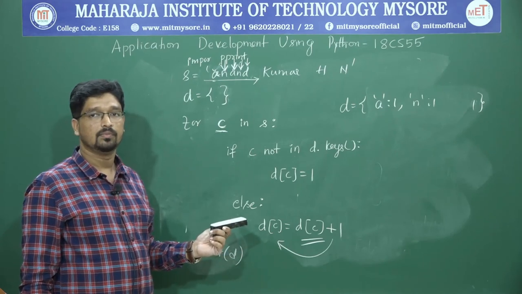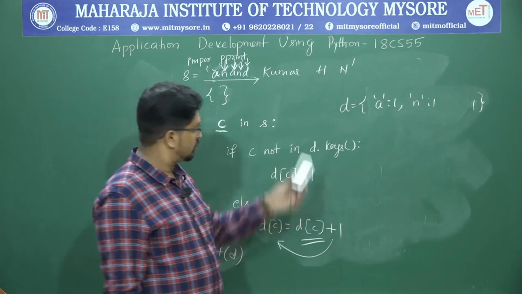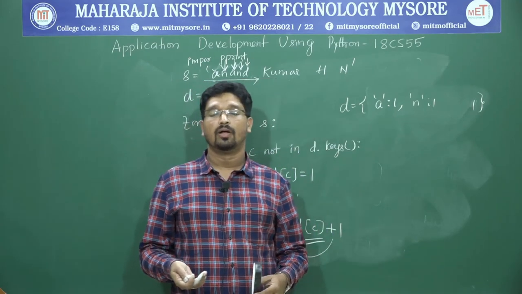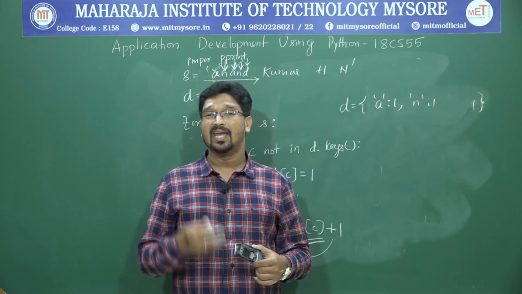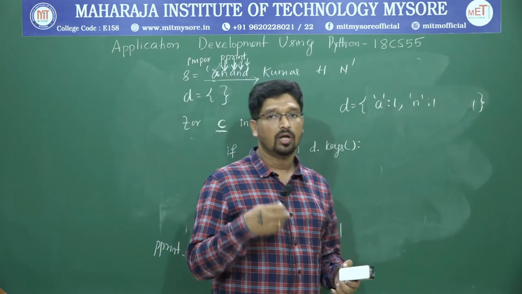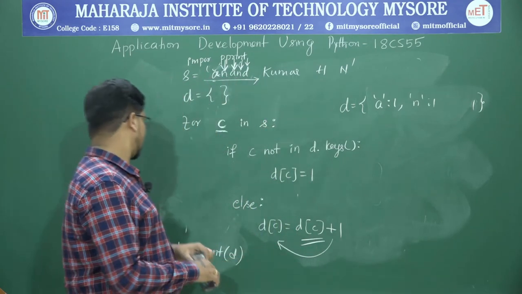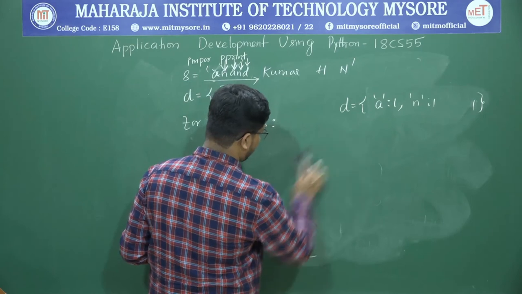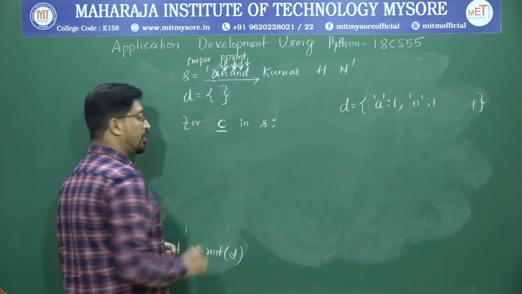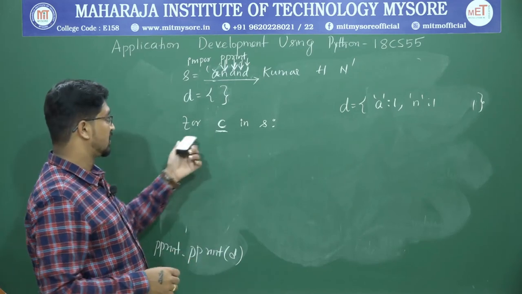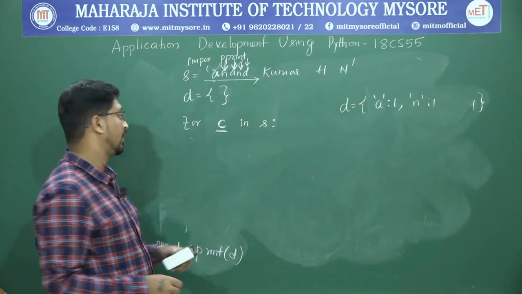Okay. There is one more way also. There is another way to print a histogram of characters using the get method. So how to do that? Let us see the same program. I am accessing each character at a time. You need to try all three programs at home.